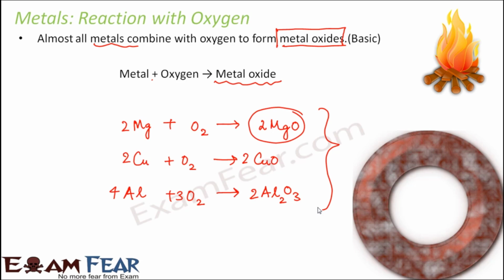So whenever iron comes in contact with air and water, what happens? Rusting takes place. So you will see that on that iron bucket some reddish color layer is formed. That reddish colored layer which is formed is nothing but rust. So this rust is the result of reaction of iron with oxygen in presence of water.